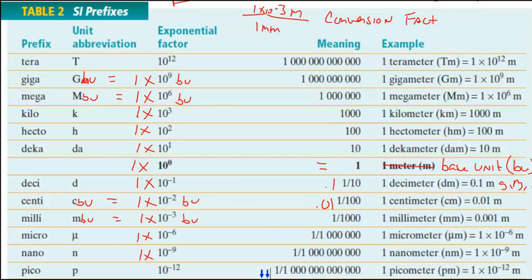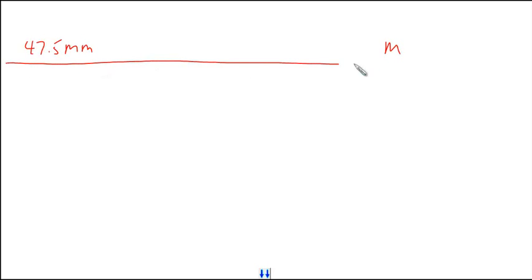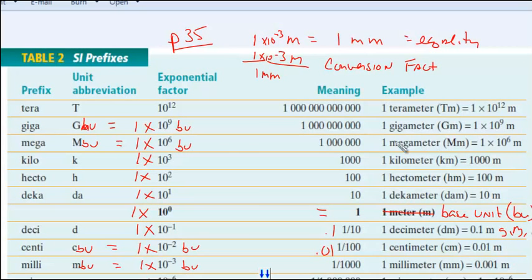Let's suppose we take 47.5 millimeters and want to convert it to meters. We look back at our table and see that 1 times 10 to the negative 3 meters is 1 milli base unit.